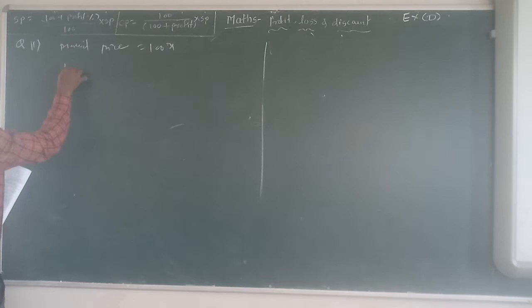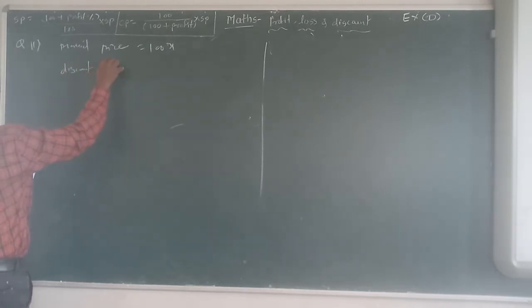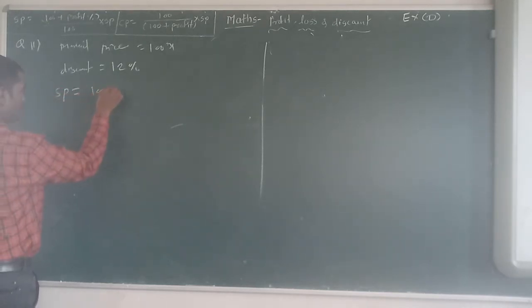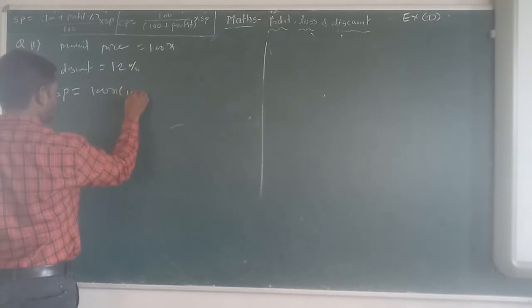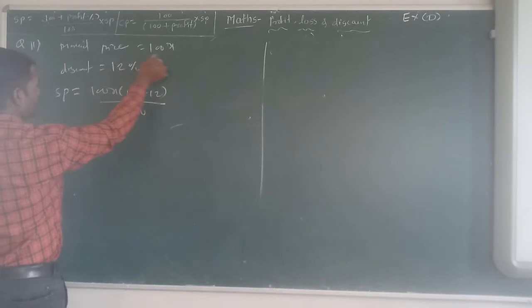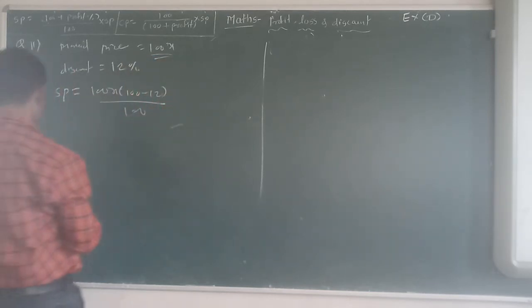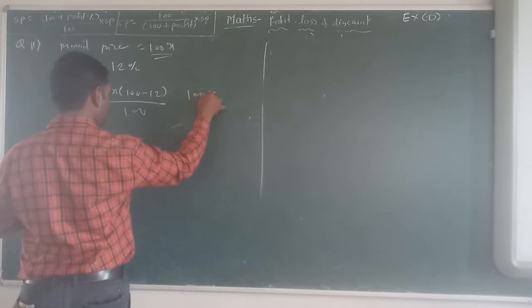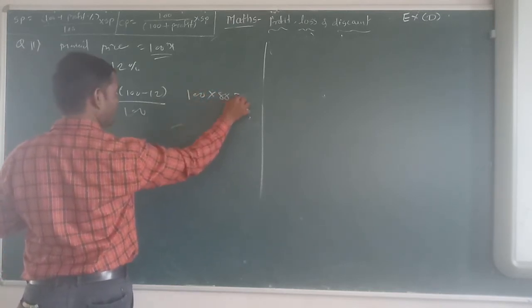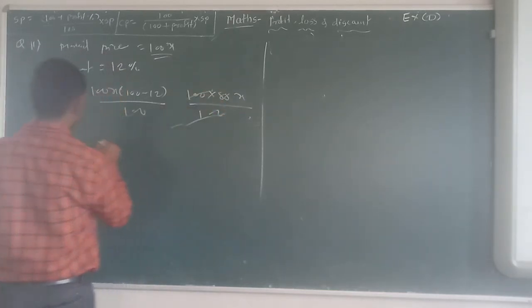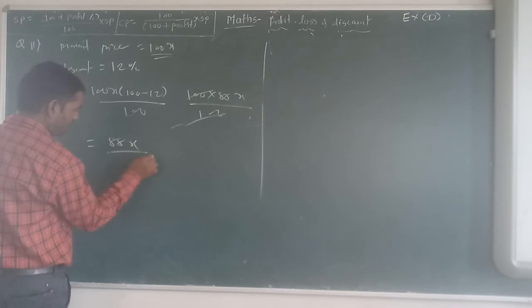Discount is 12%. So SP is equal to 100x minus 12 upon 100 of 100x, that is 100 minus 12, which gives 88x upon 100. The 100 will cancel, so it will be 88x.